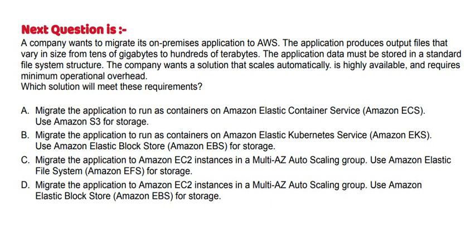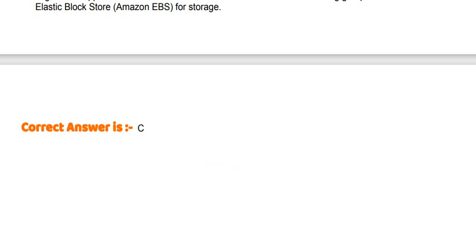Option C. Migrate the application to Amazon EC2 instances in a multi-AZ Auto Scaling group. Use Amazon Elastic File System for storage. And option D. Migrate the application to Amazon EC2 instances in a multi-AZ Auto Scaling group. Use Amazon Elastic Block Store for storage. The correct answer is option C.